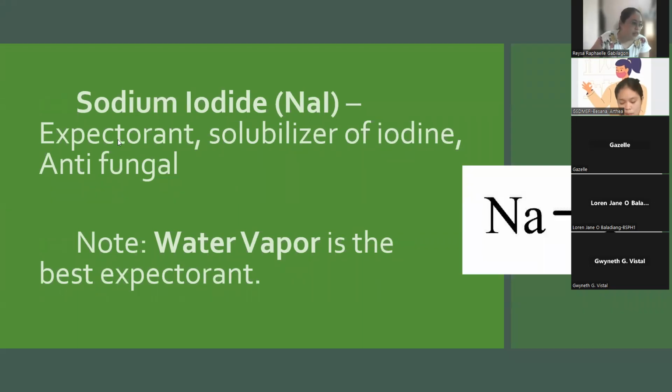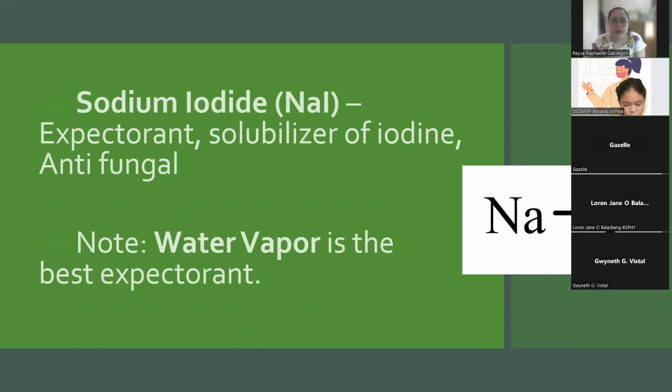Aside from that, sodium iodide is also used as a solubilizer of iodine. The iodine itself, the iodine element or the ion of iodine, is not soluble in water. So if you are asked to make a solution from the iodine solid substance, it will not dissolve.